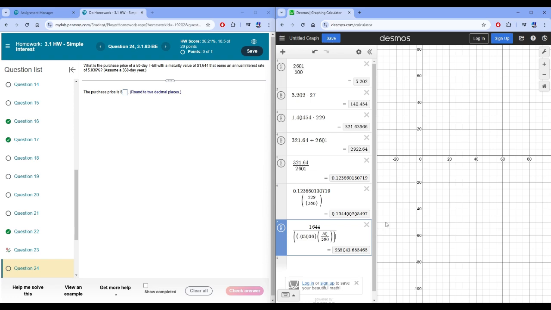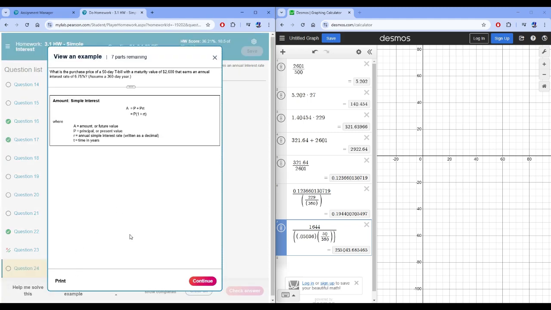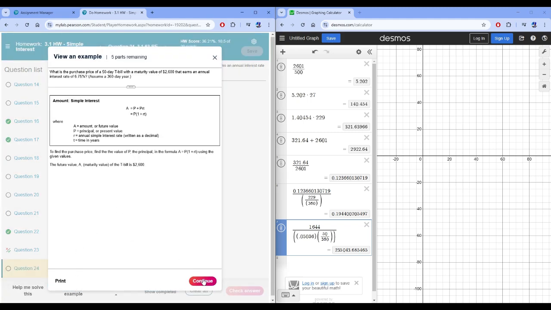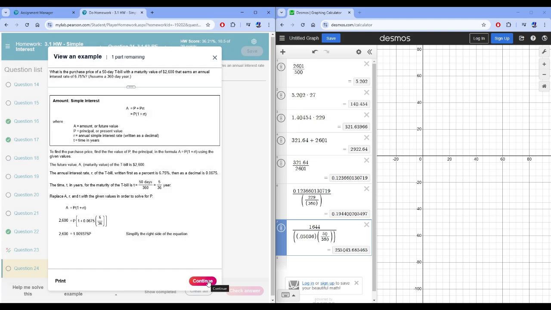What is the purchasing price of a 50-day T-bill with a maturity of 60 that earns an annual interest rate of 5.6? I thought I did this right. It's not 235,000. That's not right. View an example. I did all this. Did I not do this?